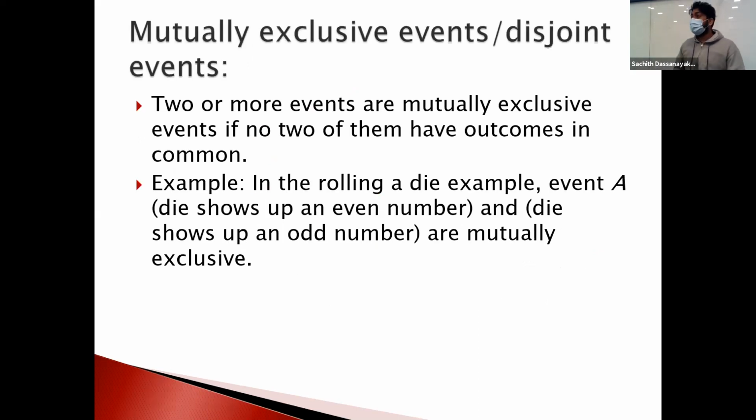Okay, this is very important. Let me think of an example for mutually exclusive. Mutually exclusive events mean they are totally disjoint. I mean, they are separate cases. It's like you and me.